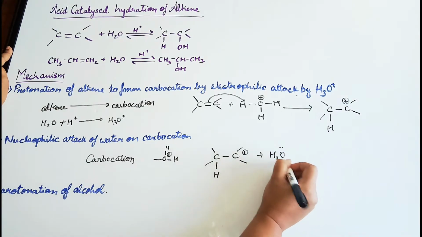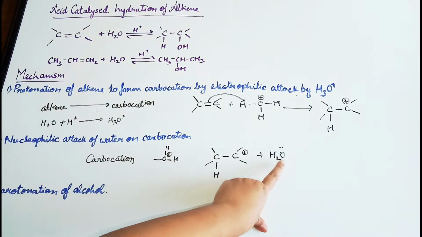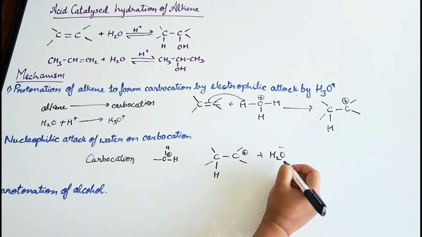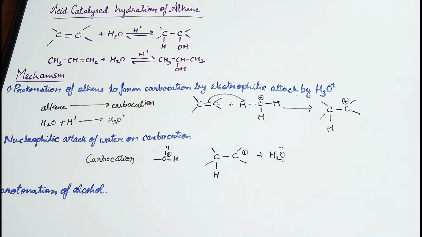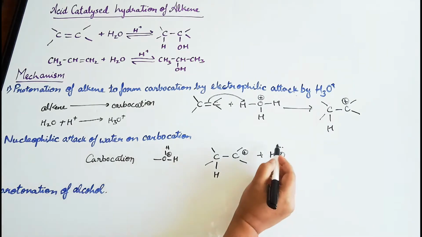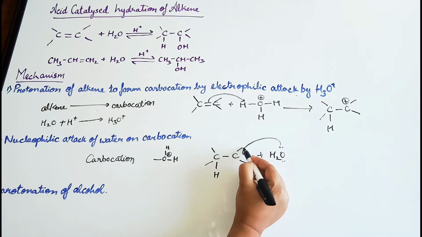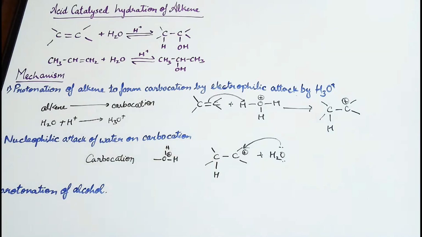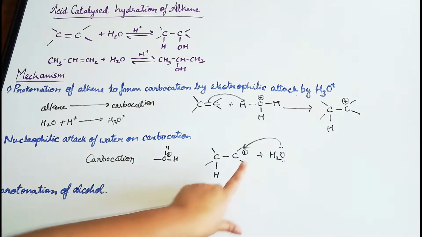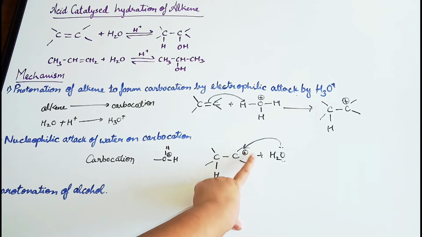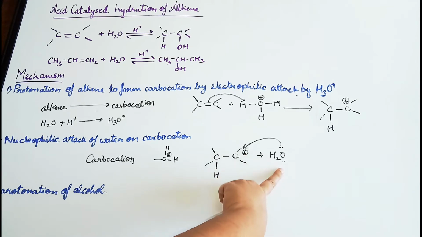The reason it's acting as a nucleophile is because of the presence of the lone pair of electrons on the oxygen atom. Now what will happen is this lone pair is going to attack this carbon atom. Okay, because the carbon is electron deficient, H2O is electron rich.